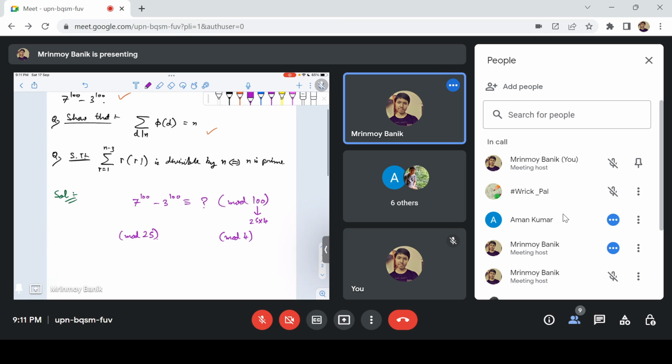So for mod 25, here the Euler's function value, what will it be? It will be 5 into 4, it will be 20.